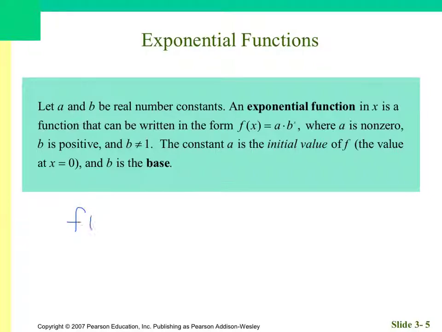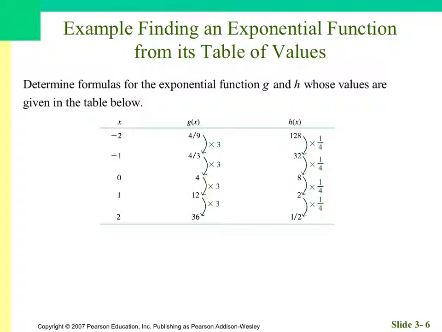So we're talking like this: f of x equals 3 times 2 to the x. A would be 3, b would be 2. Okay? So it says determine the formulas. Now remember, a is the value when x is 0. So since we know g of 0 equals 4, we know a is 4. Now watch.